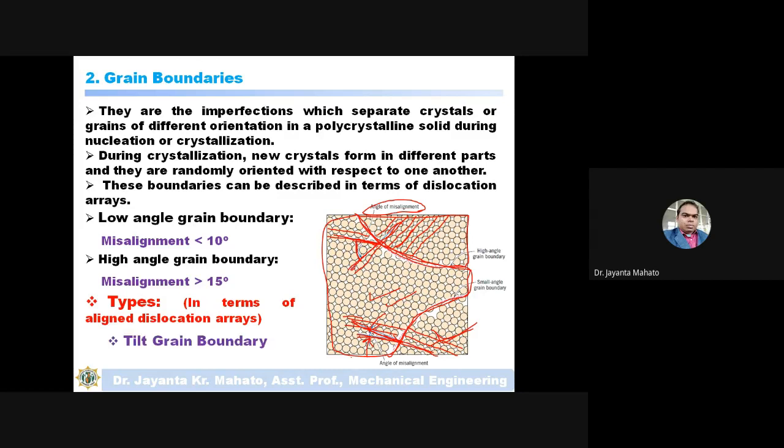and these are of two types: tilt grain boundary and twist grain boundary. So in terms of alignment of dislocation arrays, these grain boundaries are of two types: tilt and twist grain boundary.